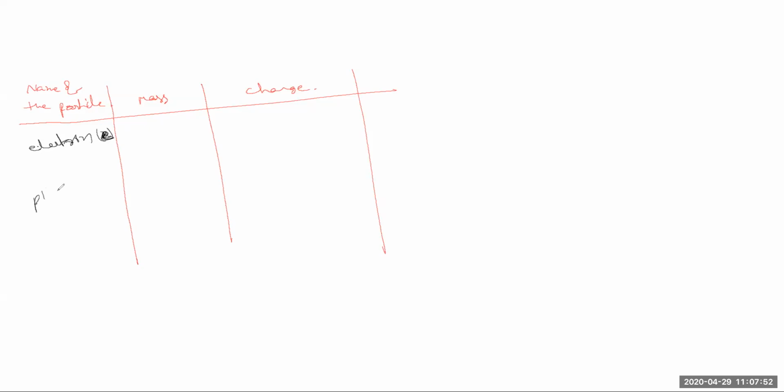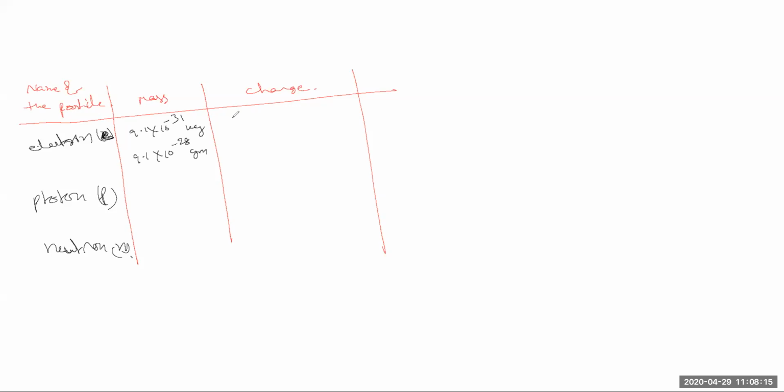Proton is p. Neutron is n. The mass of the electron is 9.1 into 10 power minus 31 kg, or 9.1 into 10 power minus 28 grams.